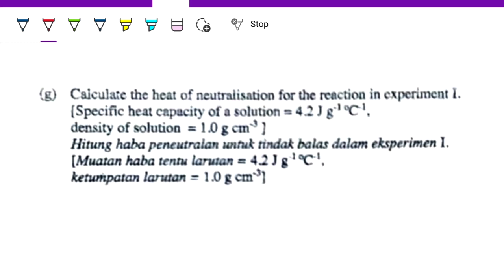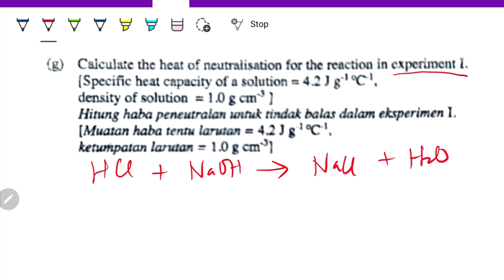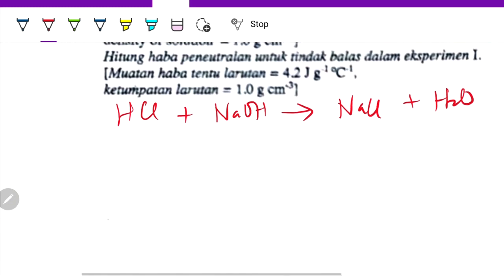Then calculate the heat of neutralization for experiment 1. For experiment 1, hydrochloric acid with sodium hydroxide produces sodium chloride and water. Just now we know that the volume and concentration given are the same: 2 mol per cubic decimeter for both acid and alkali, and the volume is 50 cubic centimeter.